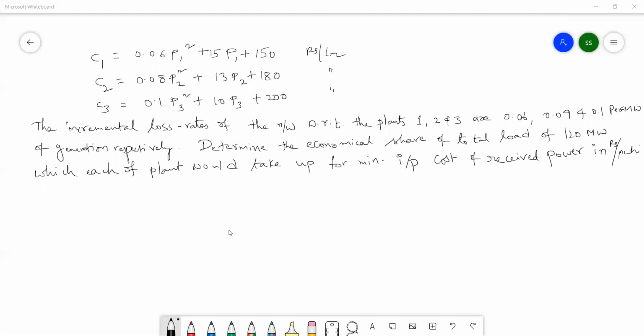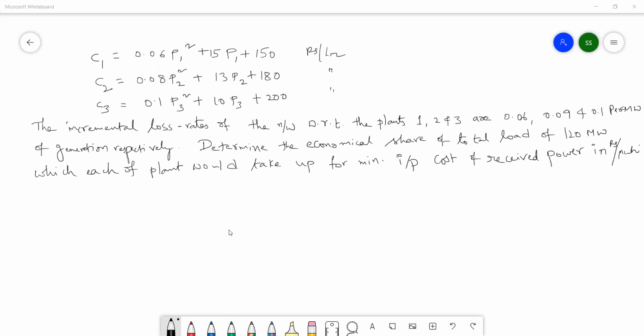The loss rates of each plant, 6%, 9%, 10%, are given in decimals as 0.06, 0.09 and 0.1 per megawatt. So now what they are asking: determine the economical share of total load of 120 megawatts, which each plant would take up for minimum input cost of received power in rupees per megawatt hour.